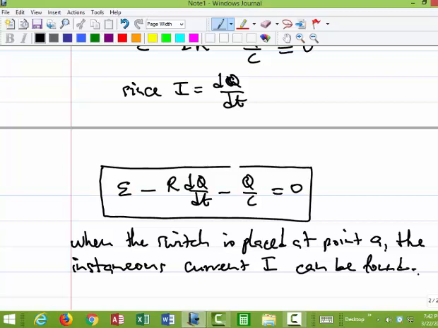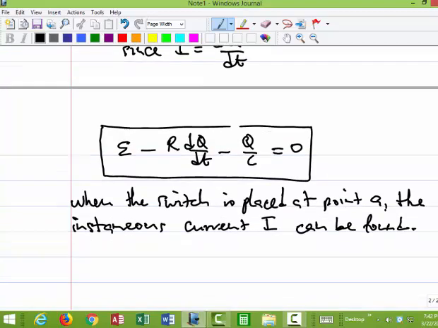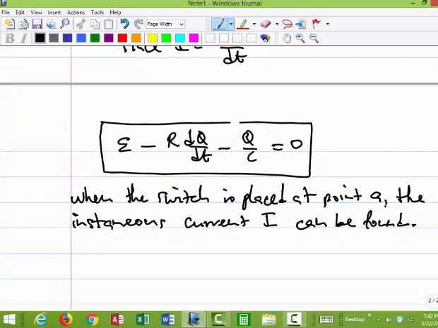Okay. And so initially when we place the switch at point A, the charge on the capacitor is 0. So we shall say Q is equal to 0.